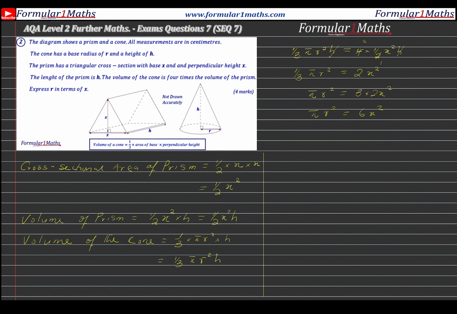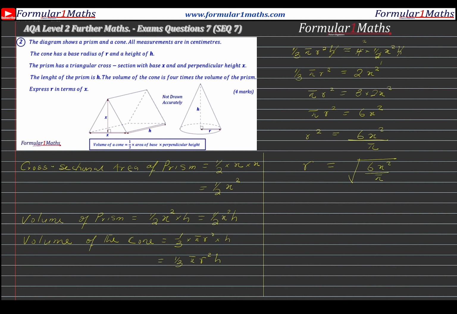Then I'll divide both sides of the equation by pi. So I have r squared is equal to 6x squared divided by pi. So I'll find the square root of both sides of this equation here, and that will give me r on the left-hand side equal to the square root of 6x squared over pi.